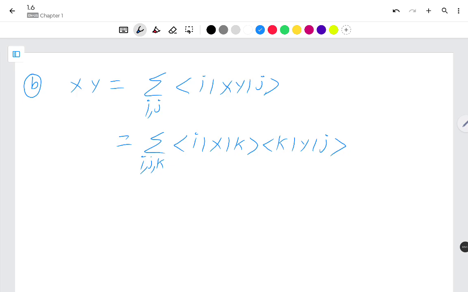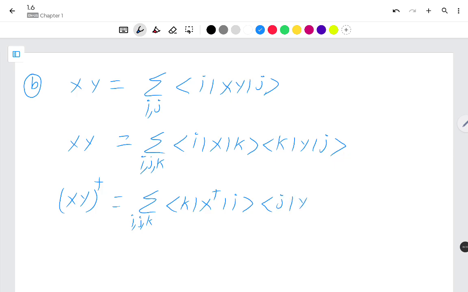This is xy. If I take the dagger now, when I take the dagger on these things, the order is reversed, as we know from the bracket notation. This becomes x dagger plus y. This is j dagger, this is k.